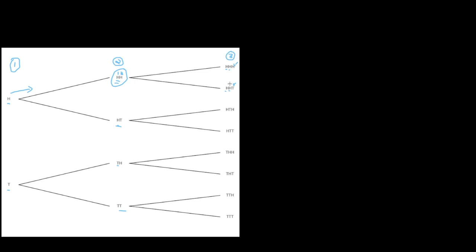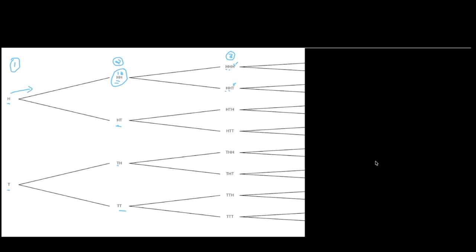Every time we flip, each existing path splits into two new paths, one ending in H and one ending in T. So now let's reveal the rest of our tree structure. And we can draw in that this is our fourth flip, and this is our fifth flip.